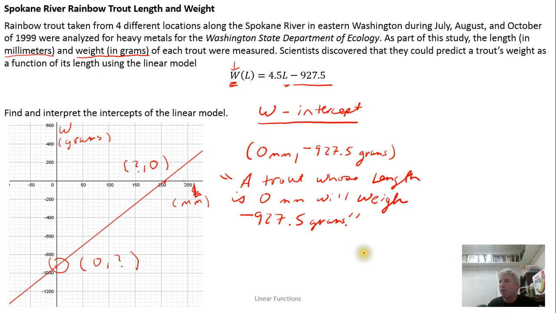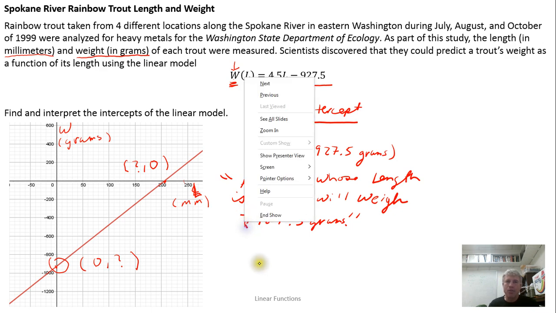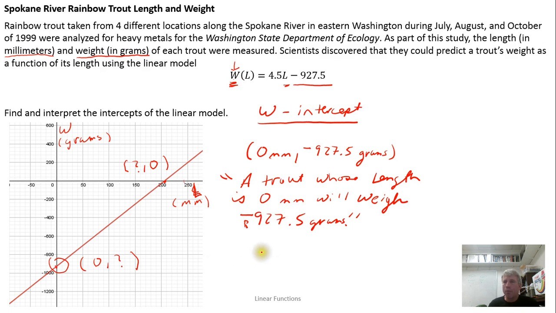And again, you always want to stop and think about what the interpretation of the intercept is and identify whether it makes sense or not. A 0 millimeter trout doesn't make sense, and a negative weight also doesn't make sense. So we want to identify that we understand that this intercept does not make sense.